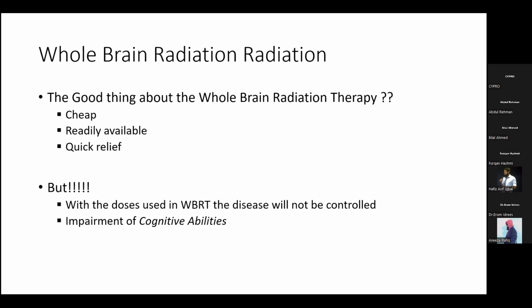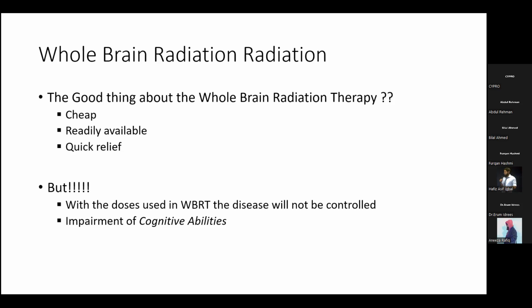They are quite radiosensitive and can respond pretty well to low dose radiation therapy. But most of the other cancers, like the ones we usually face, breast cancer, lung cancer, renal cell carcinoma, are not controlled on those doses.